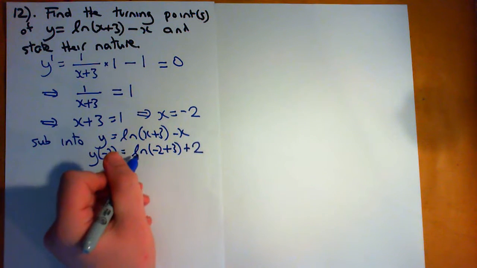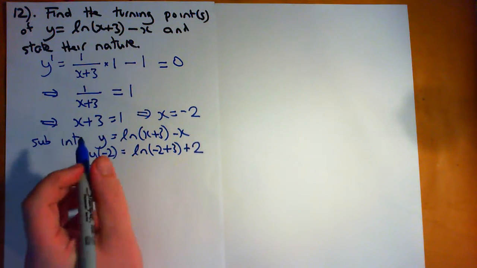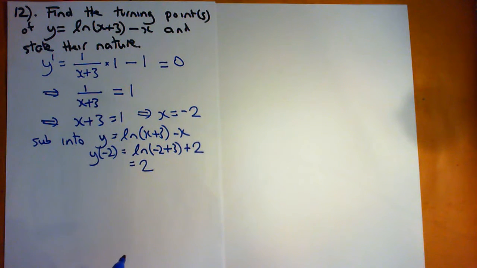So what have we got? We've got ln of 1, which is 0, plus 2, that gives us 2. Okay, so x is negative 2, y is 2. Now, we've got the point.